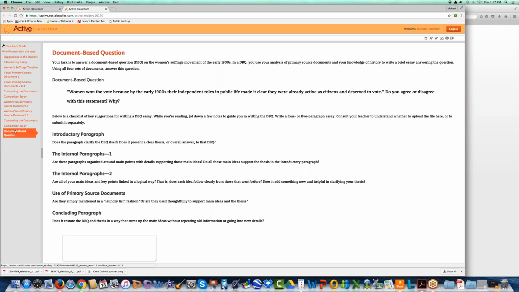And also, I always have them bring in a little of their own knowledge, what they know already, what they've studied in other parts of what we've done, whether it's another resource or a textbook, or whatever it is. So I love debating the documents.